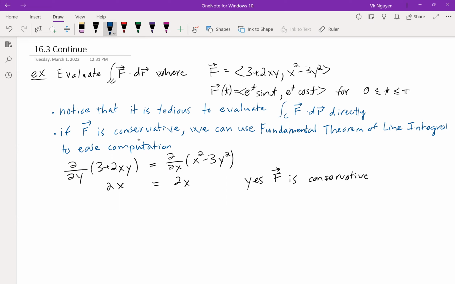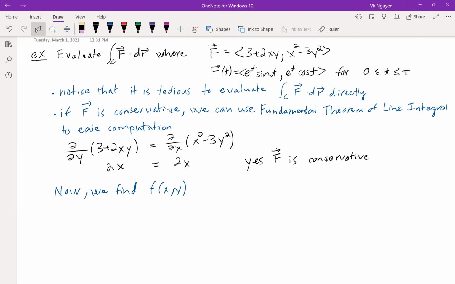Okay, so we're looking for f of x, y. We know that fx is 3 plus 2xy. Integrate with respect to x.